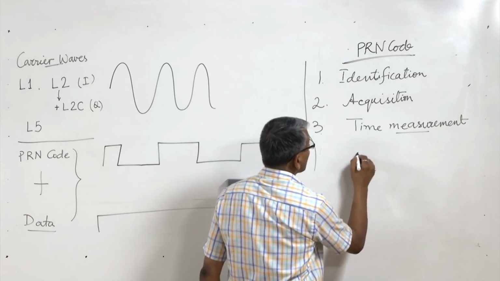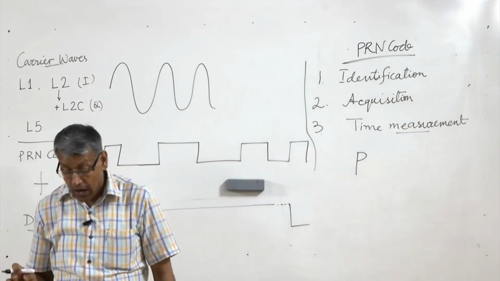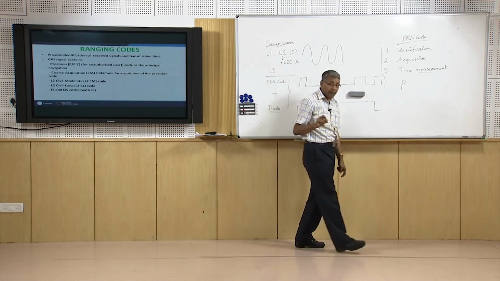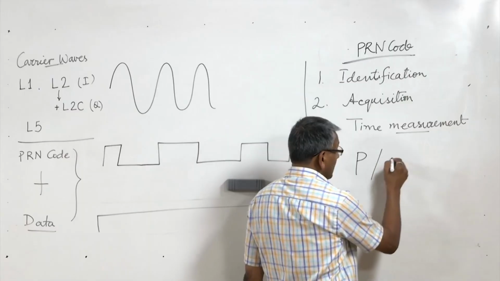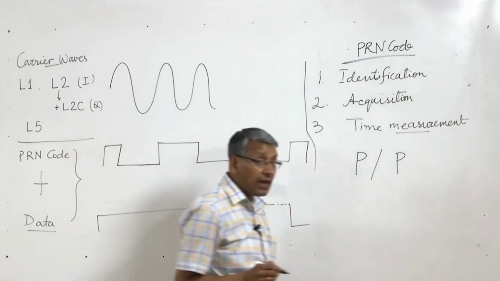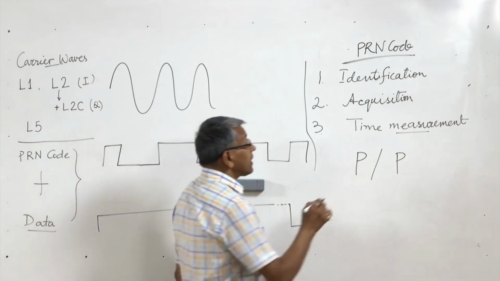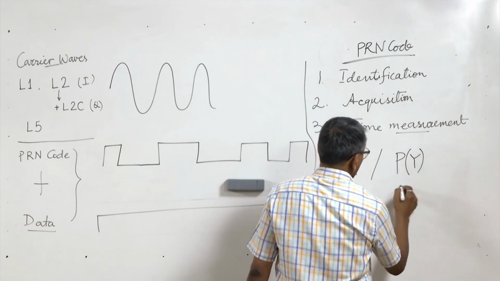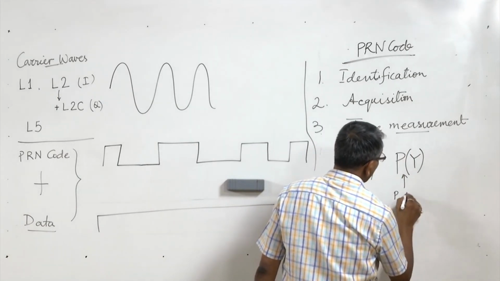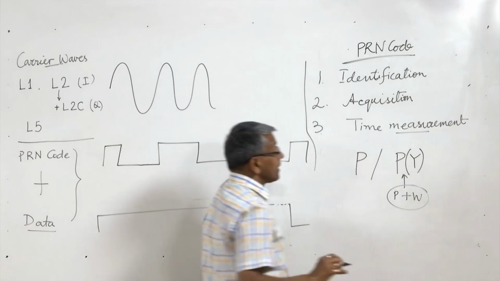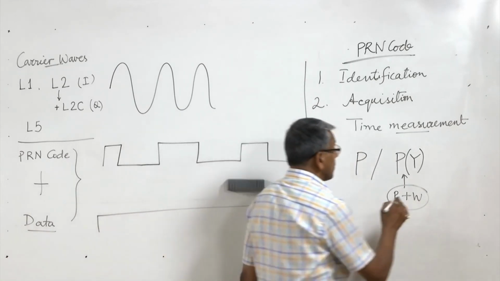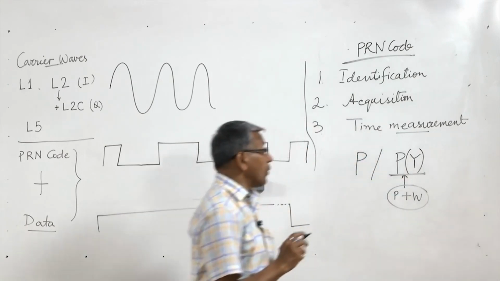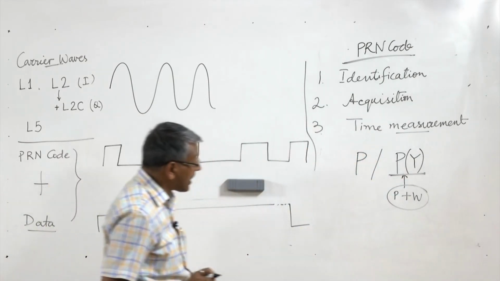Initially it was the P code or precise code, which was fundamentally developed for military purposes, but later it was opened for civilians, but it has been encrypted with another code, the W code, which is a 20 bits per second code, and with this a deformed PY code is made available for civilian use.